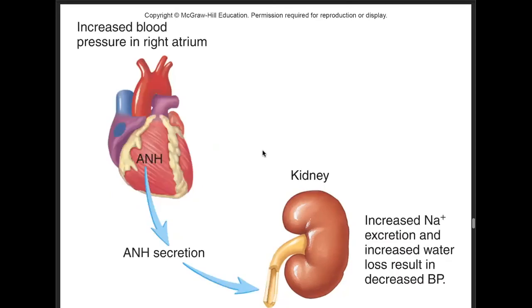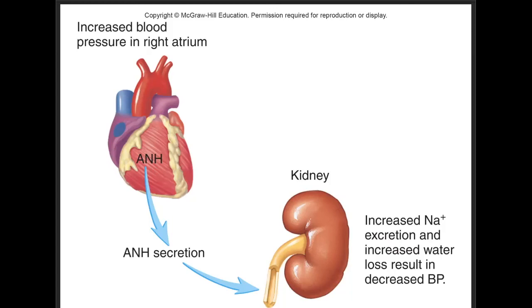And last one here, your ANH, your atrial natriuretic hormone, is being secreted from the cardiac muscle of your right atrium of the heart when the blood pressure is actually increasing. Now it will act on your kidney to decrease the sodium reabsorption, and the sodium ions remain in the nephron to become urine and increase loss of sodium and water.